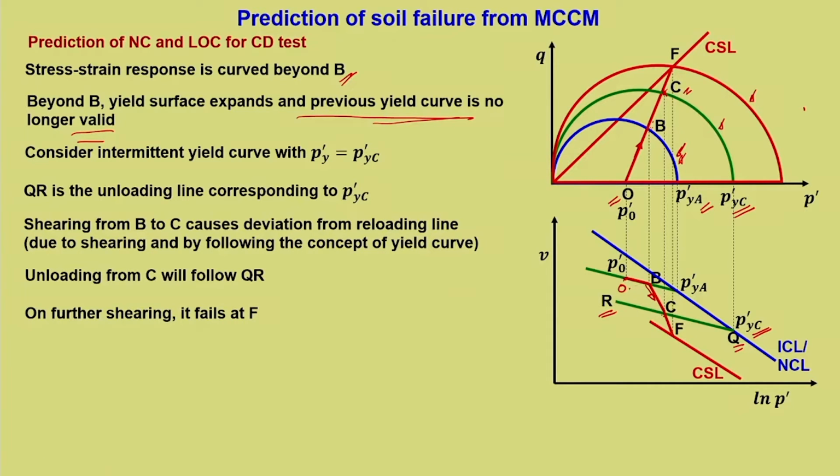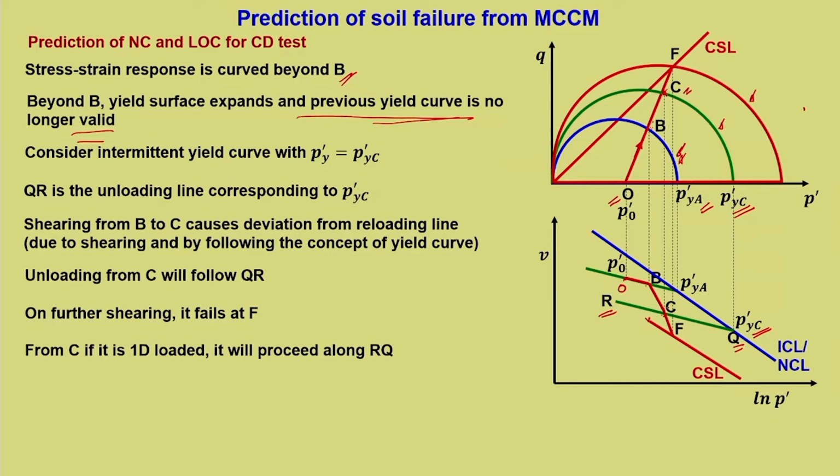So, you can see here now from the starting point it is following a curve like this, and initially without knowing this point we have done like this. You can see for yourself how we have drawn the failure line from O to critical state line. Okay. So, on further shearing it fails at F. Now, from C, if it is one dimensionally loaded, it will proceed along RQ. Now, this information is very important.